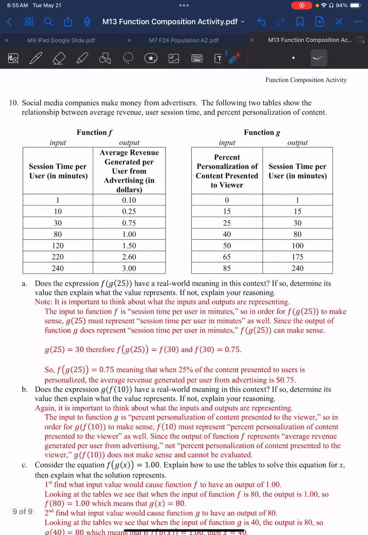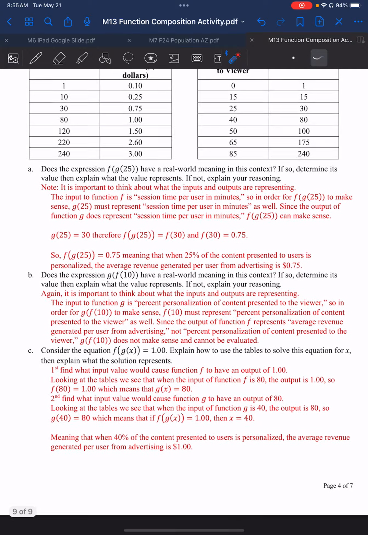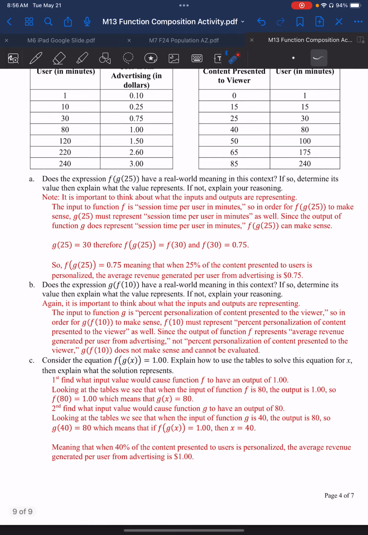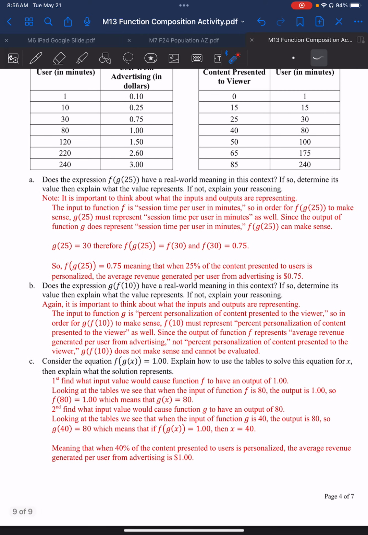So we know that that makes sense. And so F at G at 25 is equal to 0.75, meaning that when 25% of the content presented to users is personalized, the average revenue generated per user from advertising is 75 cents, or $0.75.